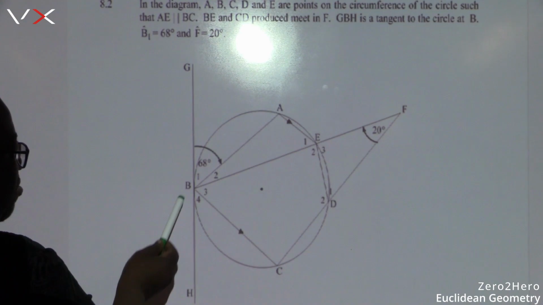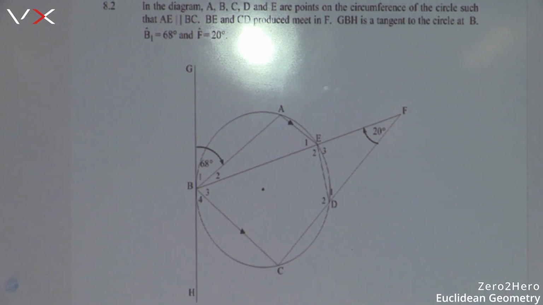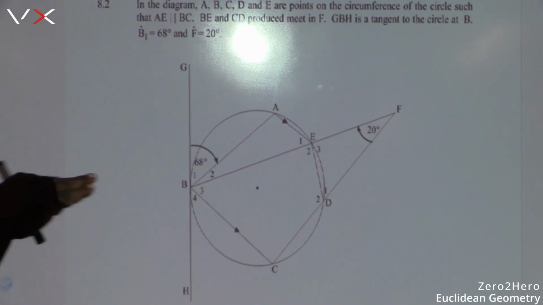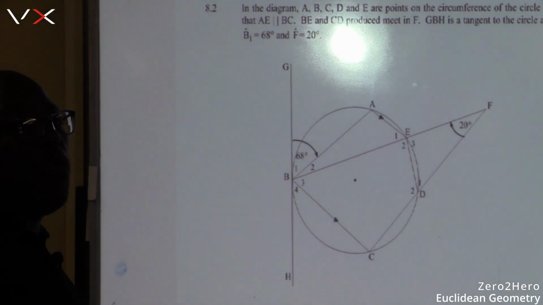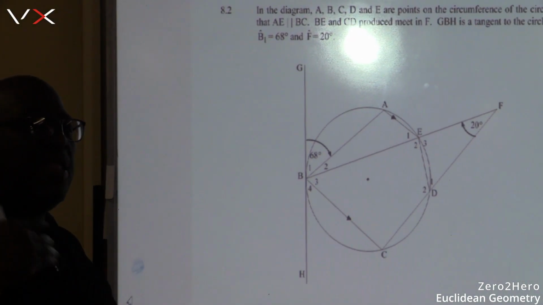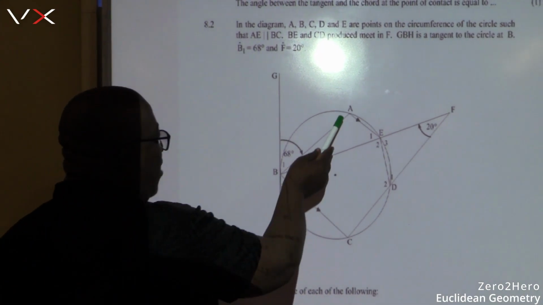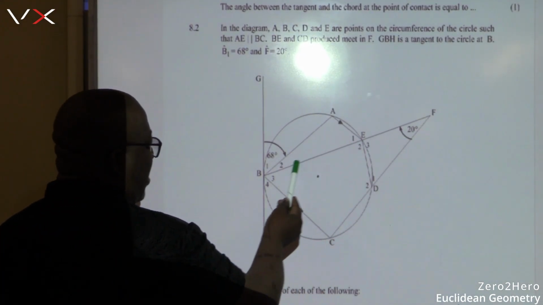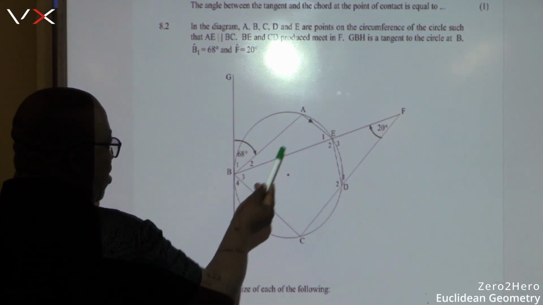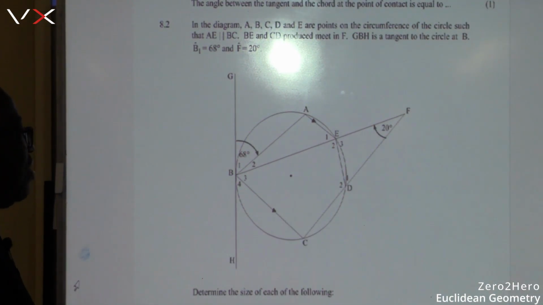I see parallel lines, but I don't see a triangle, so it's not the theorem that says a line drawn parallel to one side of a triangle. It is grade 8, grade 9, where you need to see the alternate angles, the corresponding angles, the co-interior angles. If these lines are parallel, and this line acts as a transversal, you must be able to see the alternate angles. That becomes important in this particular case.